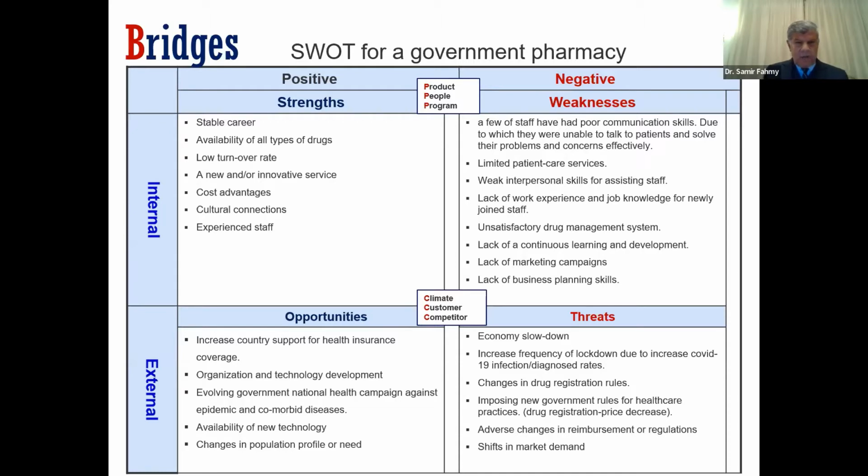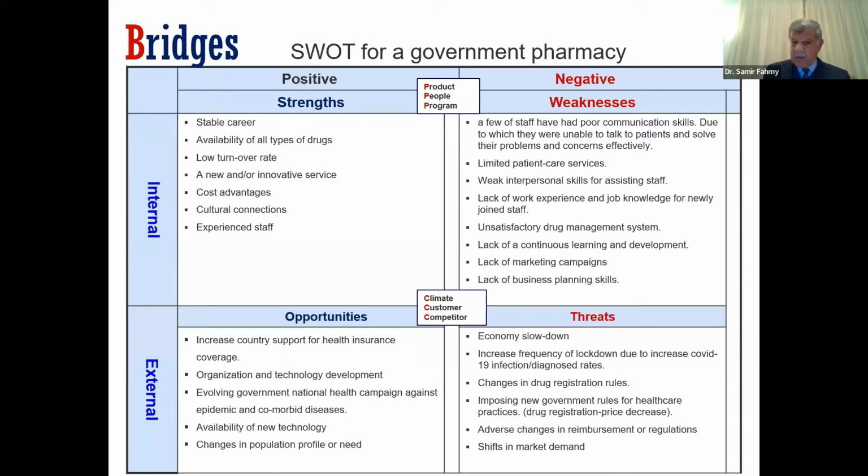So if we move from strengths and weaknesses to opportunities: increased country support for health insurance coverage. Now it's everywhere. They increase the umbrella coverage for different types of people, organization and technology development, government national health campaigns against epidemics everywhere.